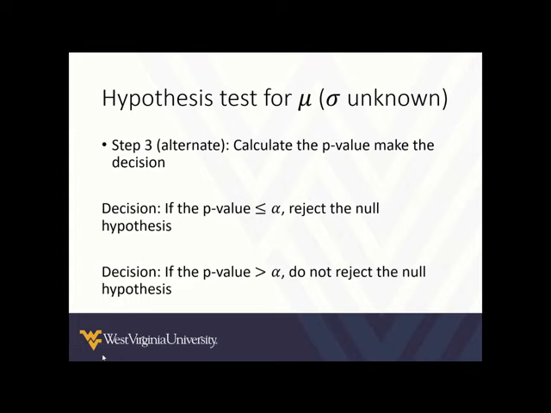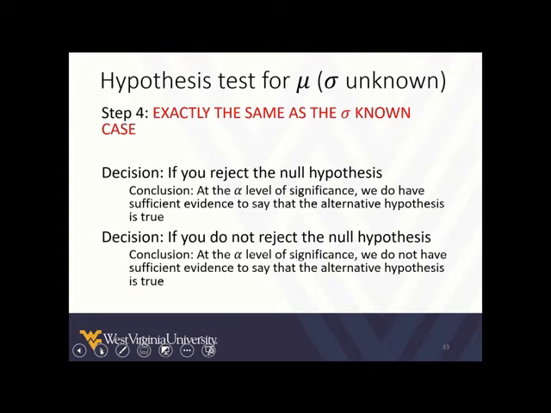And as far as making your decision from your p-value, it is the exact same as when sigma was known. If our p-value is less than or equal to alpha, we reject the null hypothesis. If p is greater than alpha, we fail to reject the null hypothesis. And as far as our fourth step, where we state our conclusion, it is the exact same as the case when sigma was known.